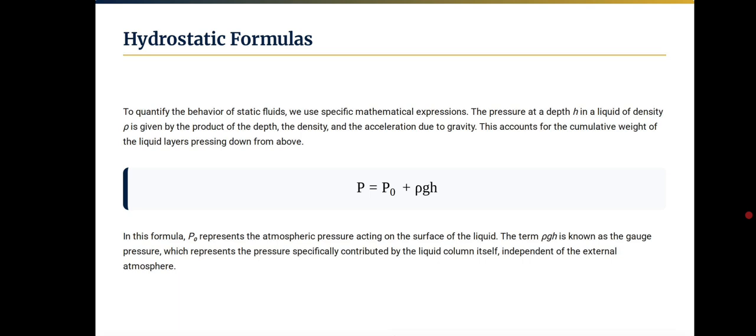It depends on the depth h, on the density rho, and on the acceleration due to gravity, g. So this formula helps us account for all the layers of the liquid pressing down on a particular object.